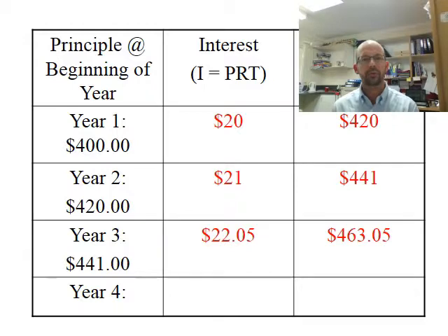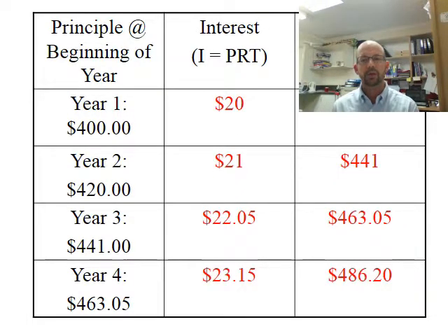Now we carry that forward for the fourth year to work out the final year. And so we have a final amount of $486.20, which is slightly different from if we just used the simple interest formula for the whole 4 years. We would have had only $80 interest total, so it would have been a total of $480.